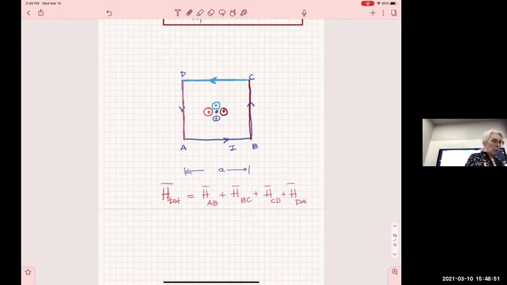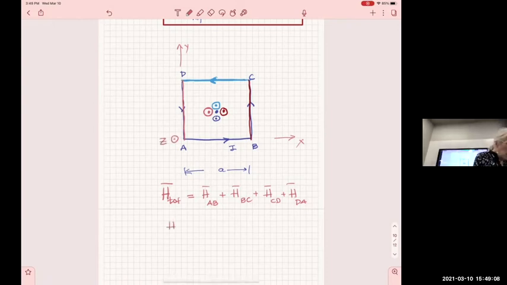If this is the X and Y, out of the board is going to be your Z. All right, so you can call this the Z direction.